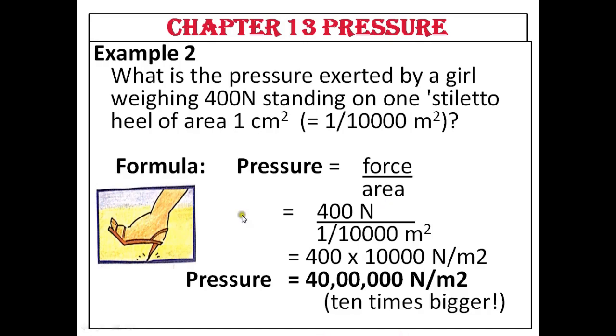In the second example, the girl's heel exerts a larger pressure because of its smaller area. In the case of the elephant, the leg is heavier, so it gives you the larger force. So the elephant exerts a larger force and the girl's heel exerts a larger pressure. Based on these two examples we can conclude today's lesson.